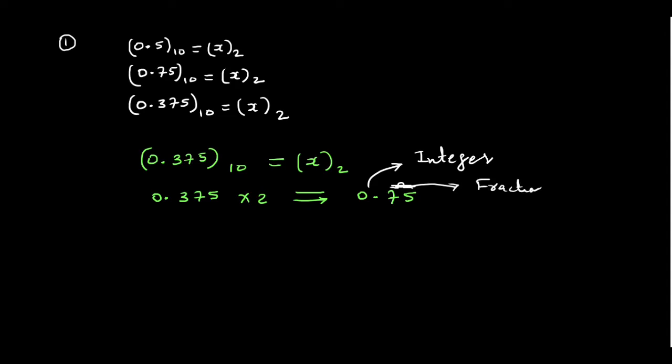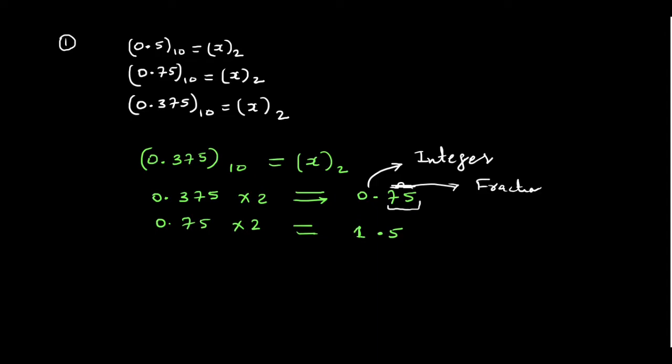The 0.75 is there, no? This is the fraction. So again we have to write down the fraction. So 0.75 multiplied by 2. What we get? We get 1.5. So what we do? So 1 is the integer, 0.5 is the fraction.